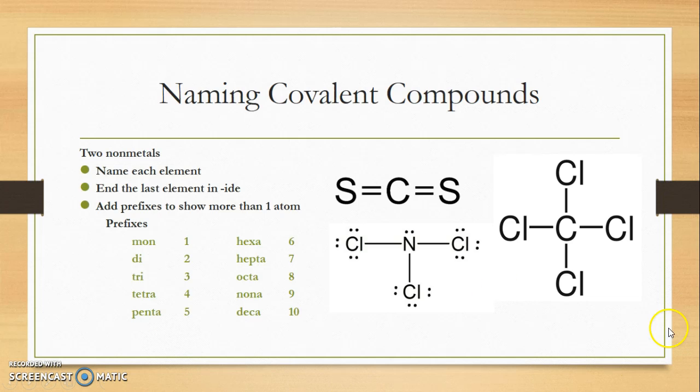Okay, now when there are other more complicated compounds without an oxygen, we add these prefixes. So mono for one, di, tri, tetra, penta, hexa, hepta, octa, nona, deca.